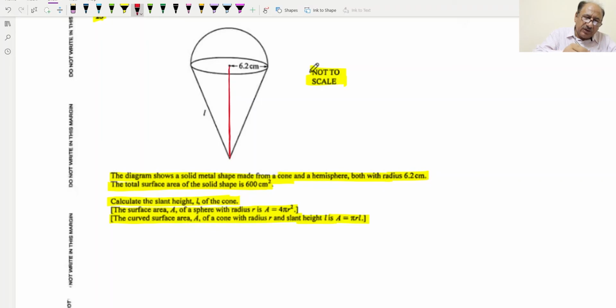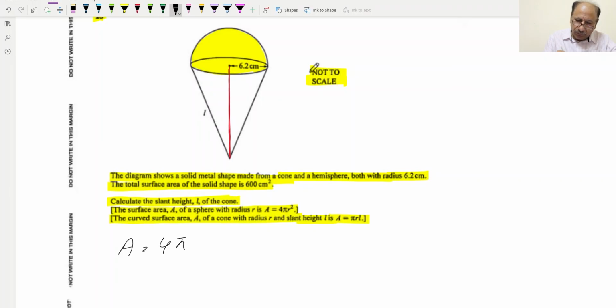Area of sphere, and the sphere is this shape, hemisphere. This is basically hemisphere. So hemisphere will be this shape.